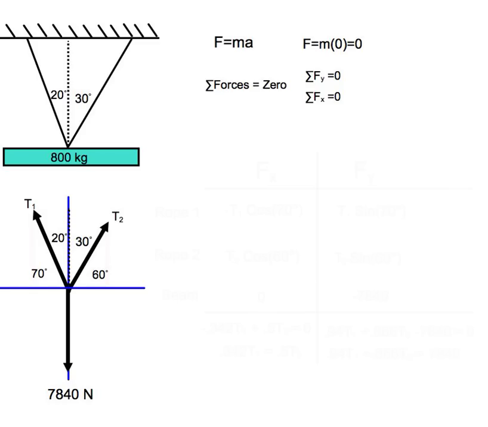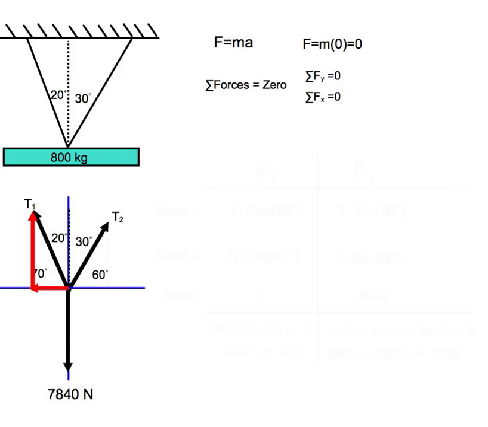The 800 kilogram beam would be represented by a 7,840 Newton force that's pointing straight down. Okay, now we want to break down tension 1, rope 1, into its x and y parts.